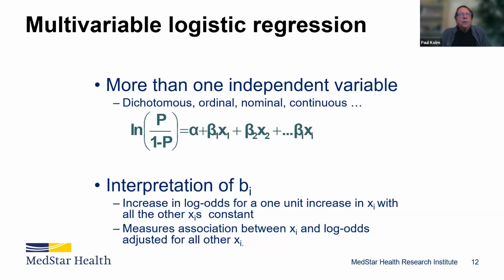And just as in linear regression, the regression coefficients here are adjusted for all other independent variables in the model. So, for example, beta 1 is adjusted for x2, x3, and so on. But it has the same interpretation, except in terms of an increase in log odds for 1 unit increase in the independent variables.